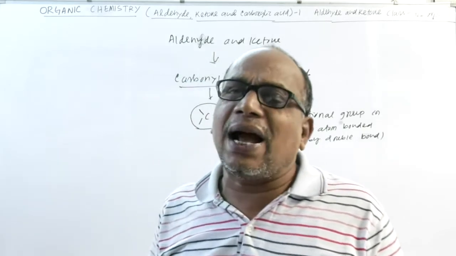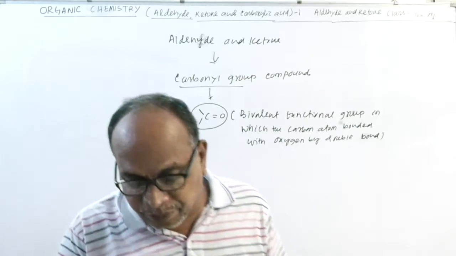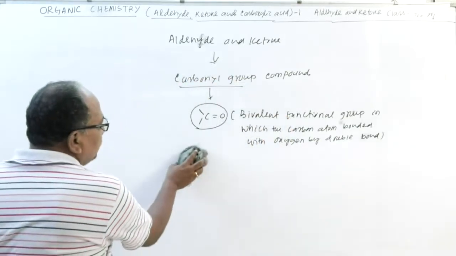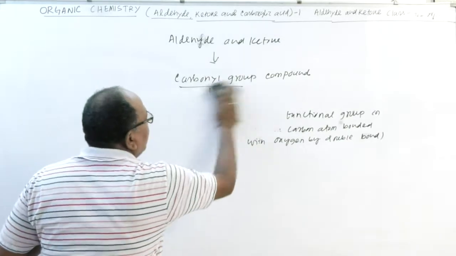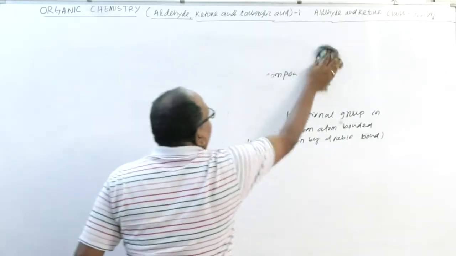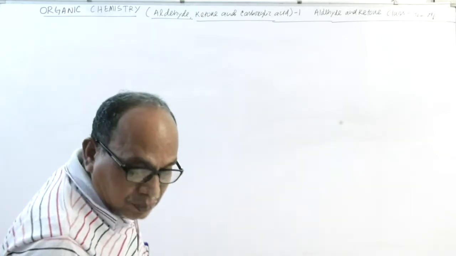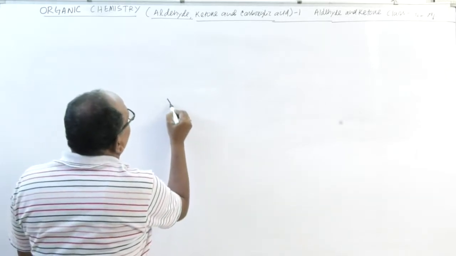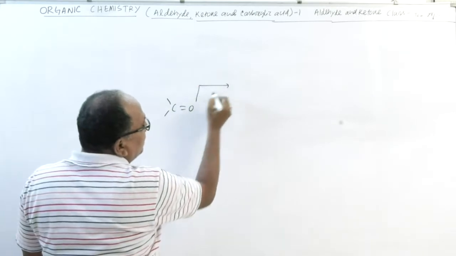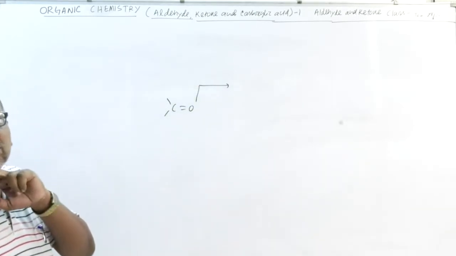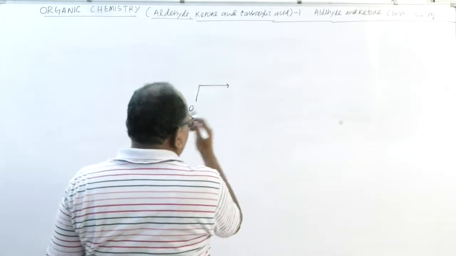Next question: what is an aldehyde, and what is a ketone? This is a carbonyl group, which has two valences, that is, it is bivalent. If one of the valencies of the carbonyl group is satisfied by a hydrogen atom, at least one, in some cases both, then it is an aldehyde.